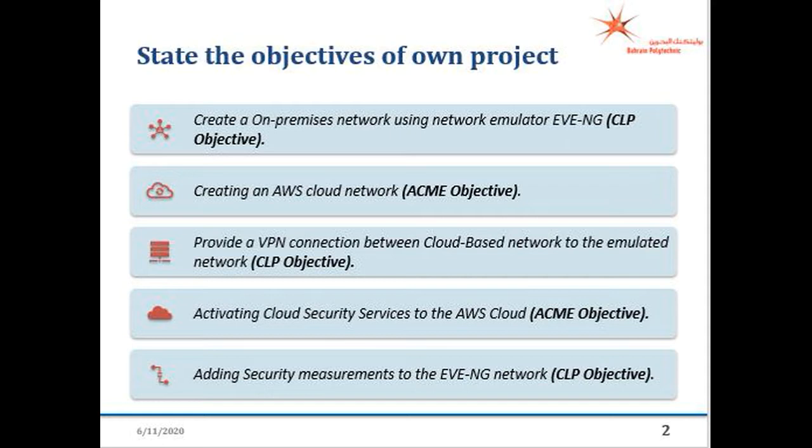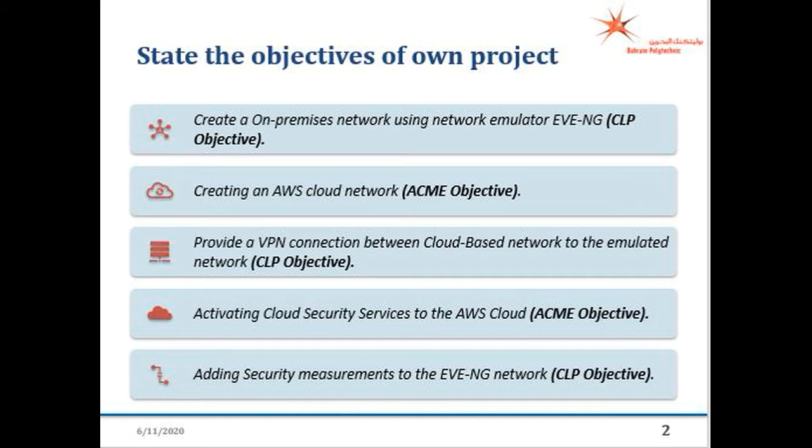For the objectives, I have two that are related to ACME objectives, which are creating an AWS cloud network and activating cloud security services on the AWS cloud. ACME's main idea for the project was to have only an AWS network with some security services activated on it. However, to fulfill the CLP requirements, I need to work on a networking project as it's my major.